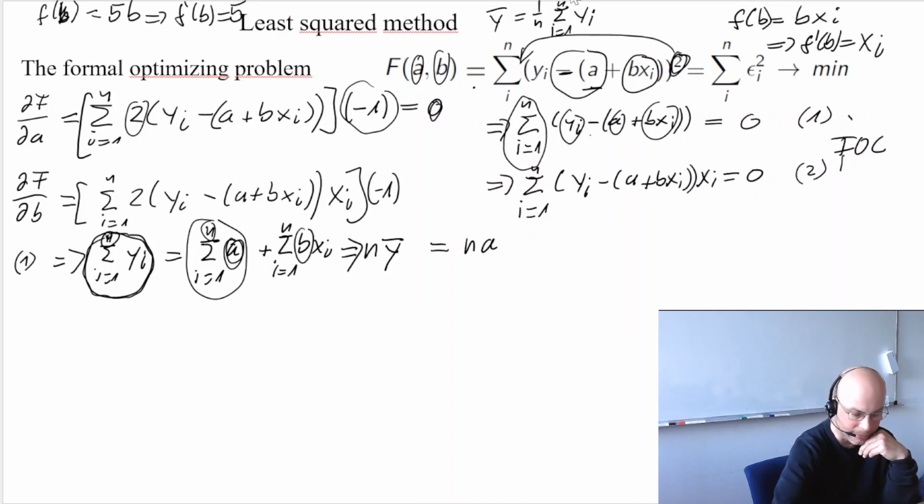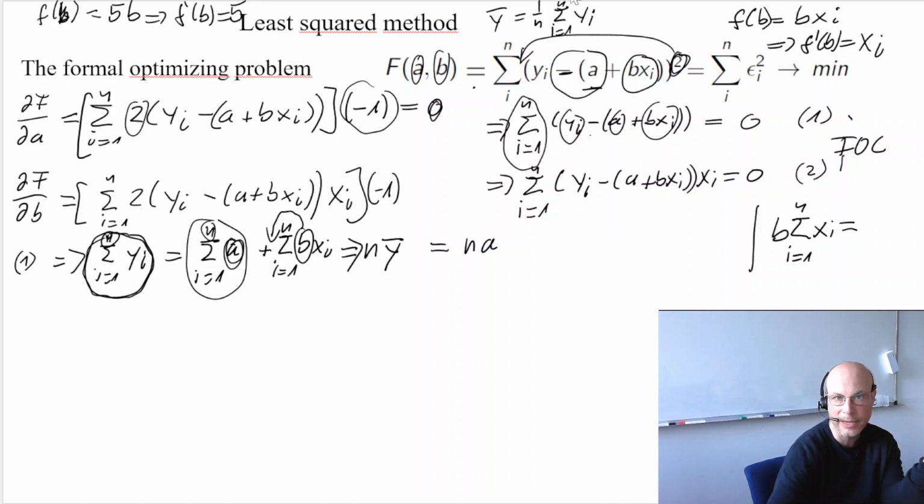And here, this is a fixed number. Again, this we can put in front of our summation. And so we obtain b times the sum over xi, i from 1 up to n. And this, of course, we can also write with the arithmetic mean of our collected data points for x.